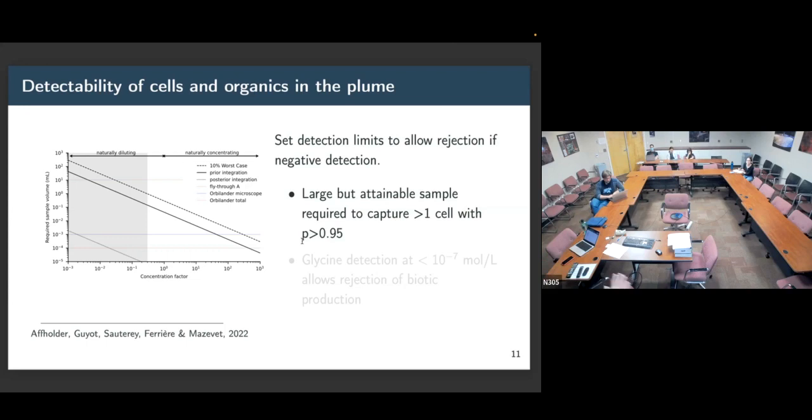And then the dashed line is really the 10% worst case, absolute worst case, and that also exceeds in some instances those thresholds. So it is possible to acquire this type of sample size, or at least I'm led to believe so by looking at mission designs, but it is definitely an ambitious requirement that we set here.